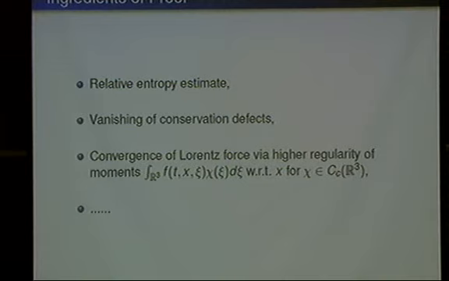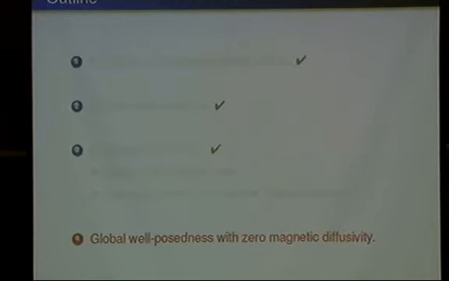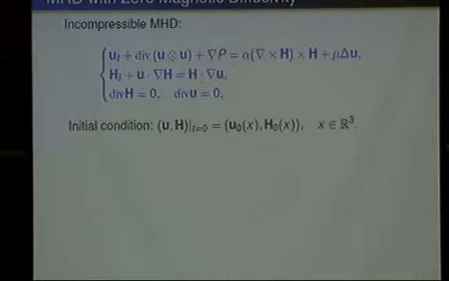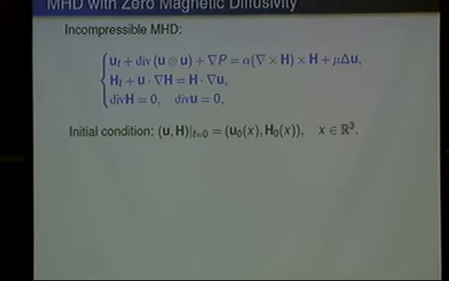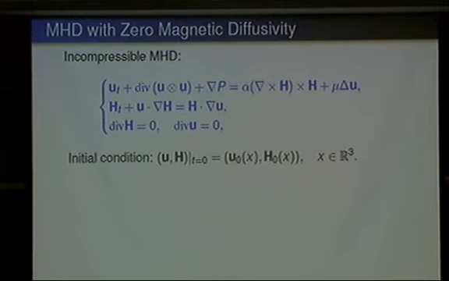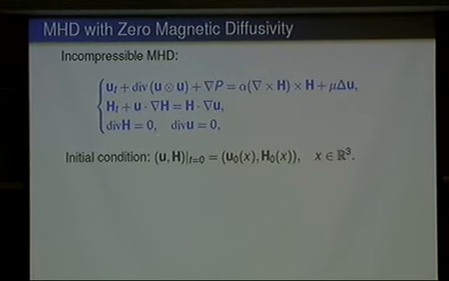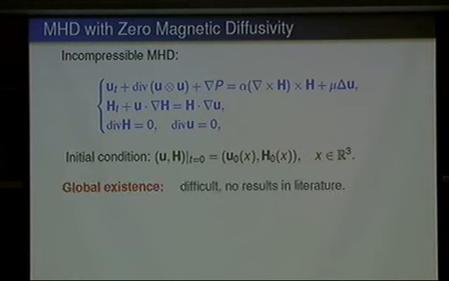Okay, so we get the compressible limit, using the zero Mach number and this hydrodynamic limit. Now I'm going to show you the last part, which is about the zero magnetic resistivity. We look at the incompressible problem first. The global existence is not there in the literature, even for this incompressible case.